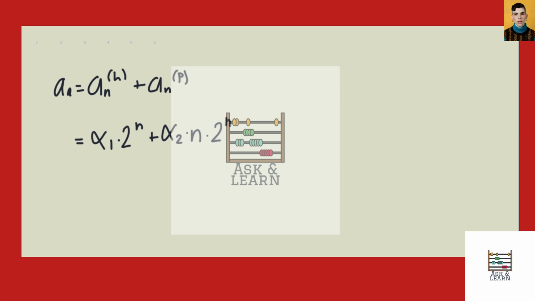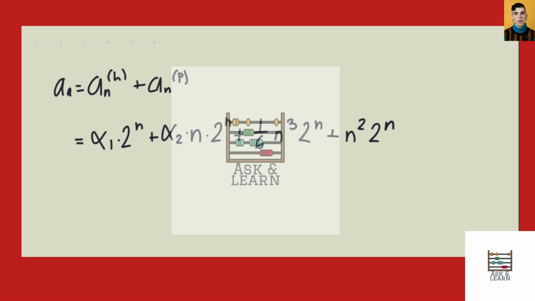And we'll add the particular solution we just figured out, which is 1/6 times n cubed times 2 to the power of n plus n squared times 2 to the power of n.